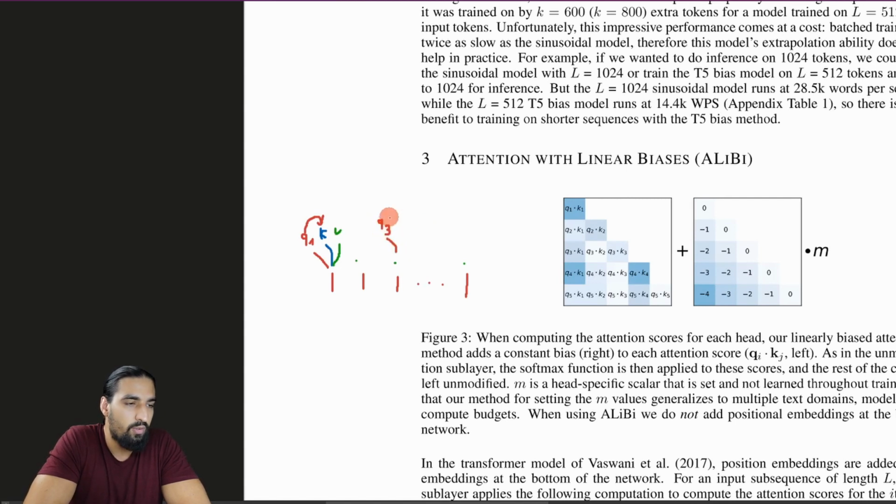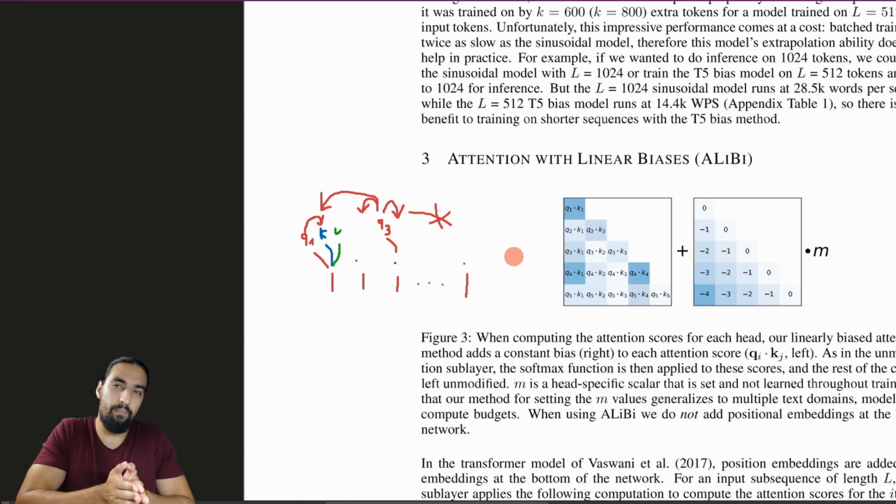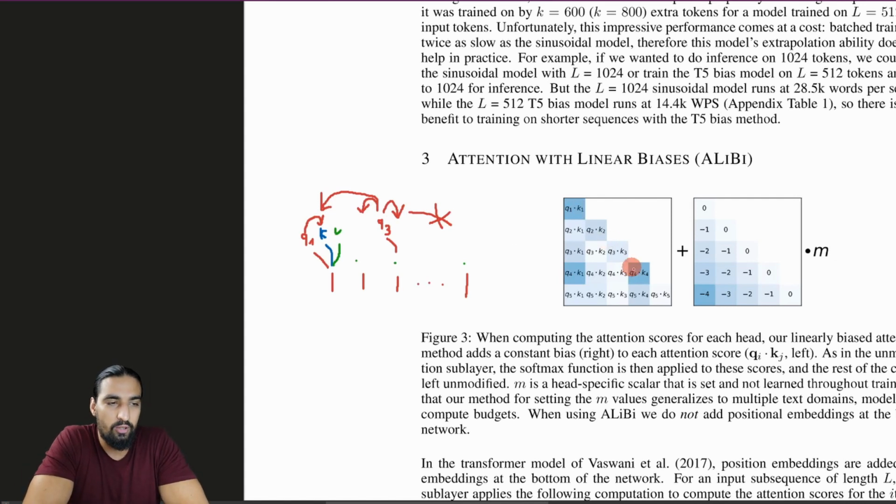Query 3 will only be able to attend to key 3, key 2, and key 1, and it won't be able to attend the tokens that come afterwards in the sequence, and that's why we see the diagonal pattern right here. So this is just, as you can see, query 1 dot product with key 1, query 2 key 1, query 2 key 2, etc. That's just the thing I just explained. That's why we see the diagonal pattern.